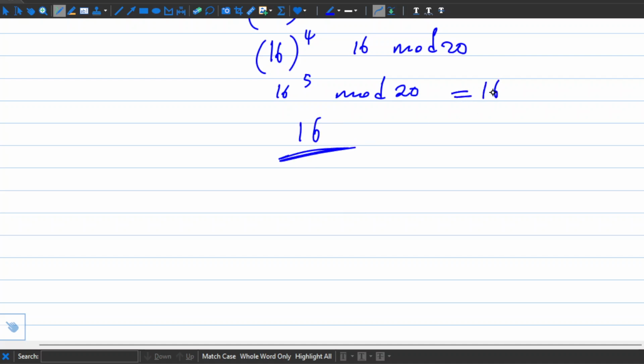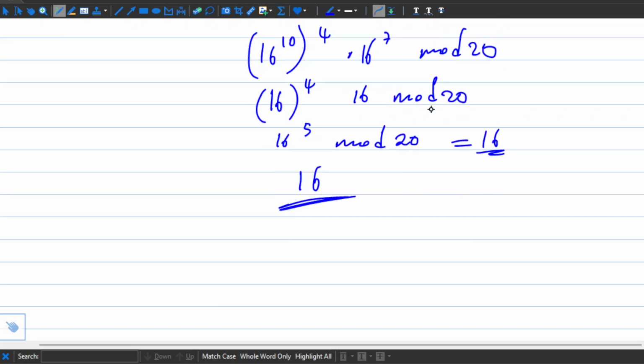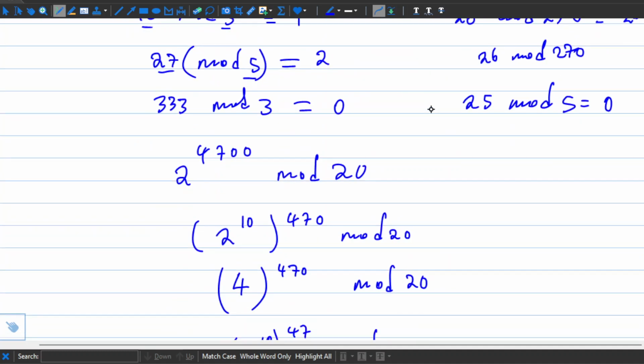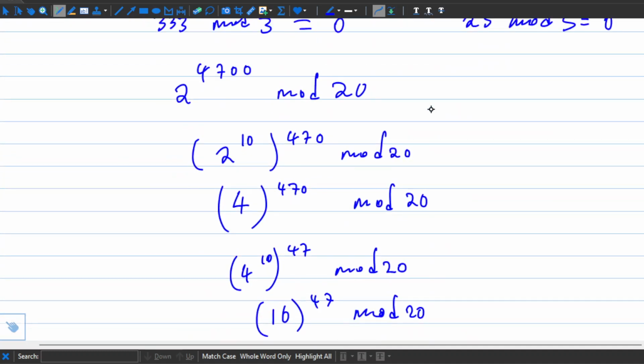So that is how you deal with a big number. When you have a big number mod something small, you have to take it down kind of slowly like that. So we had this number, 2 to the power of 4,720.